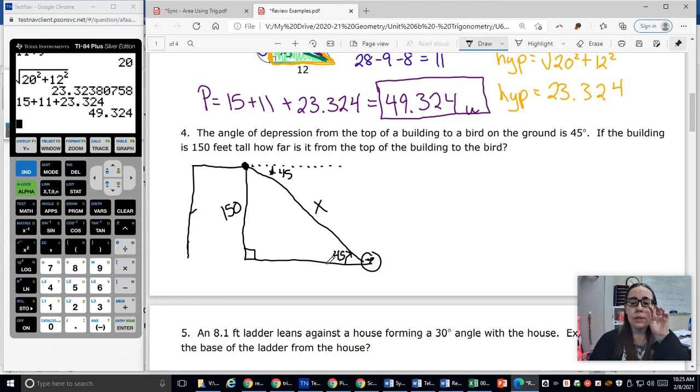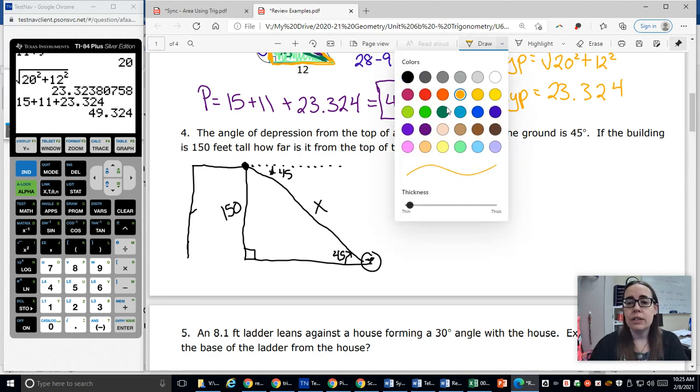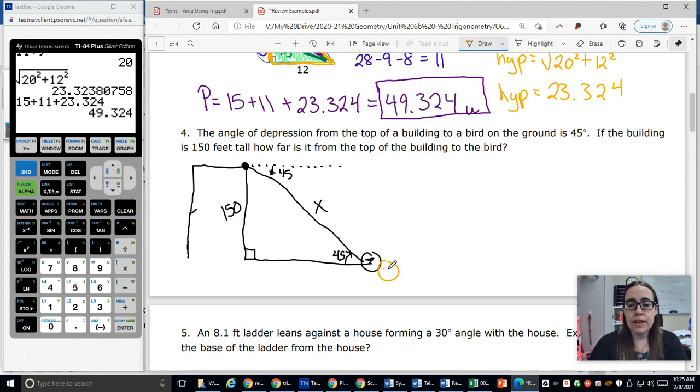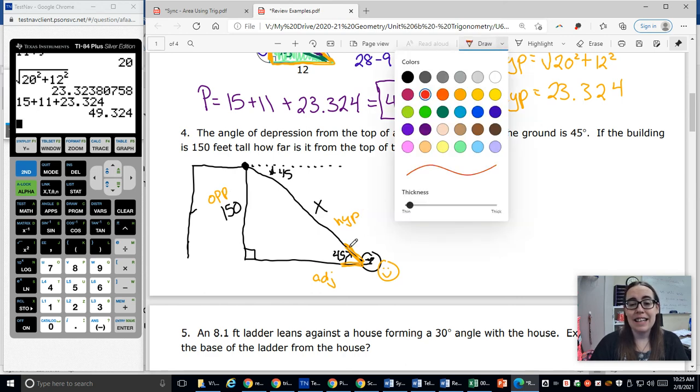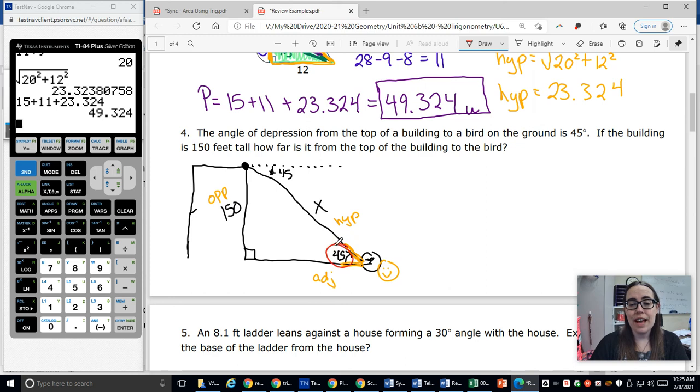Okay, now this one I can use trig because I can come over here and I can label my triangle with, if I put my smiley face here, I know coming out of my smiley face is my hypotenuse across from that 90-degree angle and my adjacent. And then across from that is my opposite side.